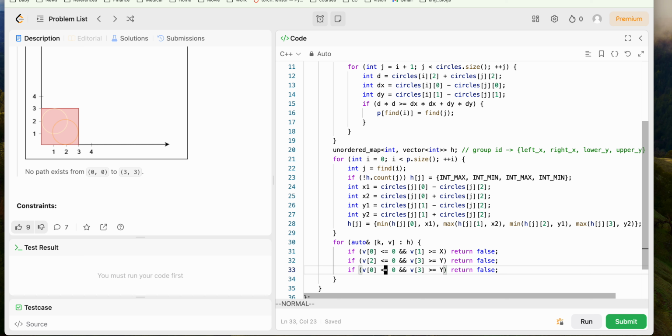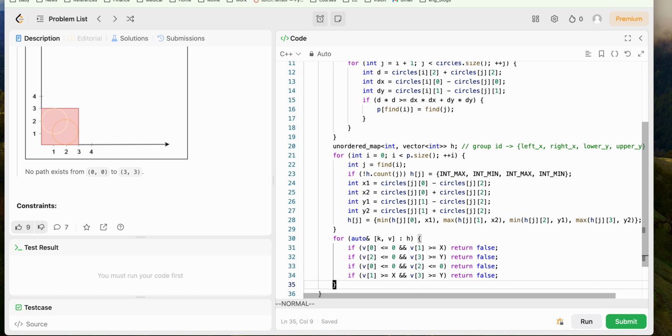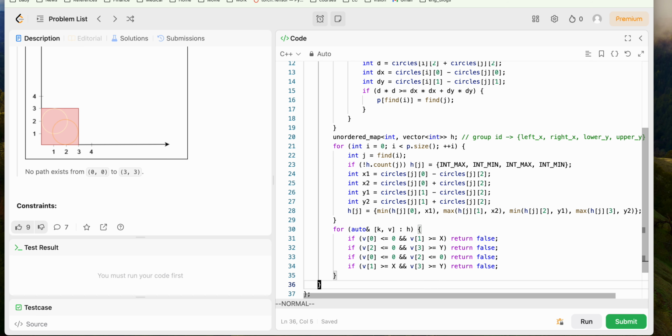So x and y are all less than 0. Another is x and y are all larger than x and y. Okay? These are all false, and otherwise we return true.